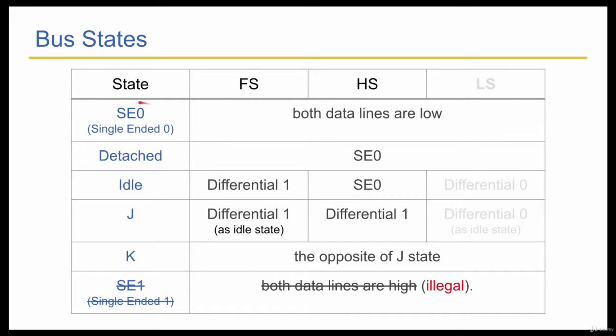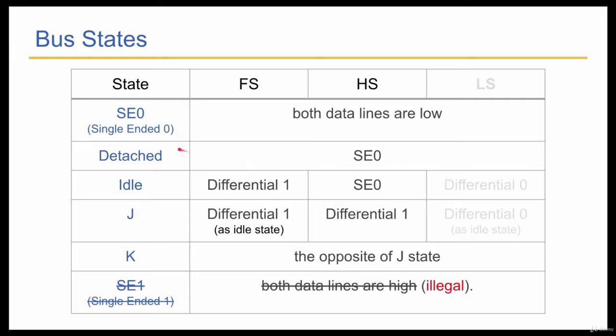A USB port can apply this state on the bus by simply pulling both data lines low. In other words, just by applying 0 volts on both data lines, nothing more. So now I just want you to get the idea that we can have multiple states on the bus only by changing the state of the data lines.